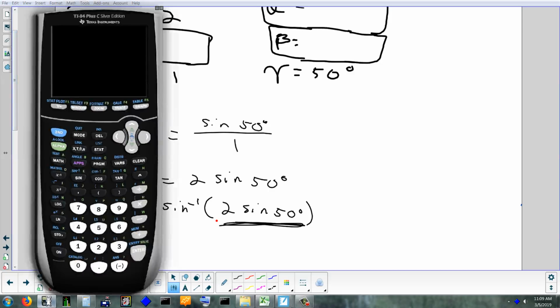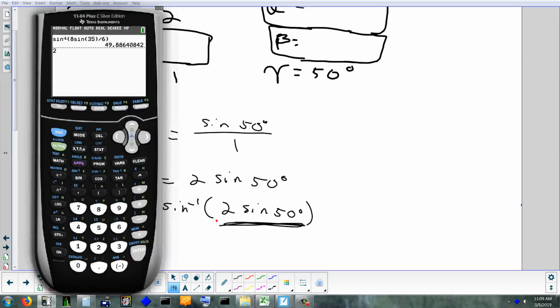So let's look at 2 sine 50. That's at a height of 1.53. So what's going to happen when I try to find the angle where the graph hits a height of 1.53?